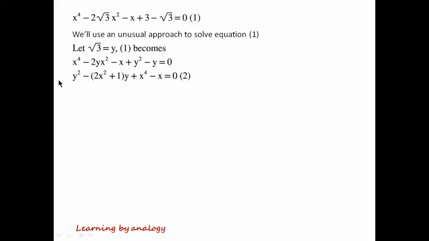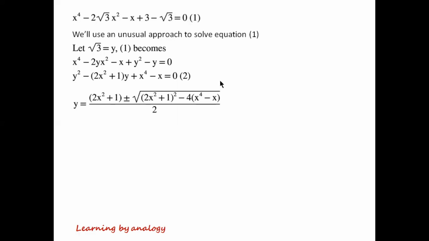Then equation 1 becomes x⁴ − 2yx² − x + y² − y equals 0. Rearranging and collecting like terms, we have y² − (2x² + 1)y + x⁴ − x equals 0.